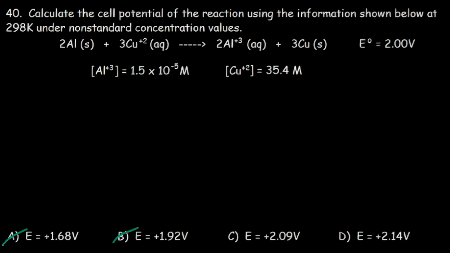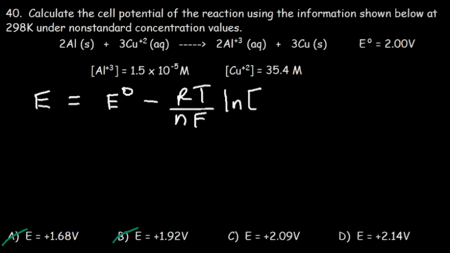Now the equation that we need, the non-standard cell potential is equal to the standard cell potential value minus RT divided by NF, natural log of the reaction quotient Q. The reaction quotient is the ratio of products to reactants.